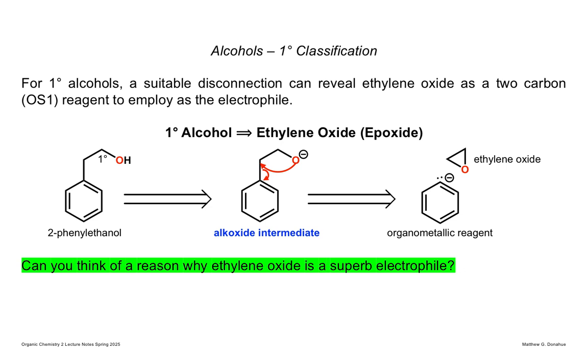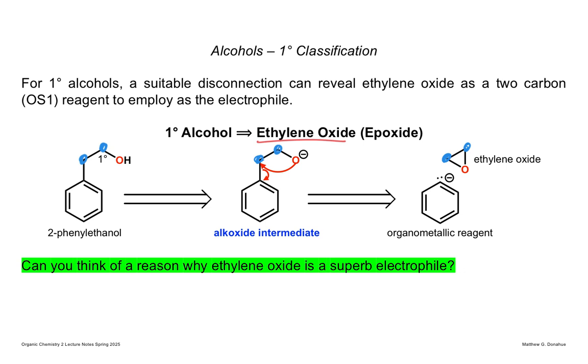So formaldehyde is a nice source of one carbon atom. Another electrophile that we can use is called ethylene oxide. So ethylene oxide is an epoxide, it's a cyclic ether. And it's a nice reagent to use to form primary alcohols that have a CH2 spacer.